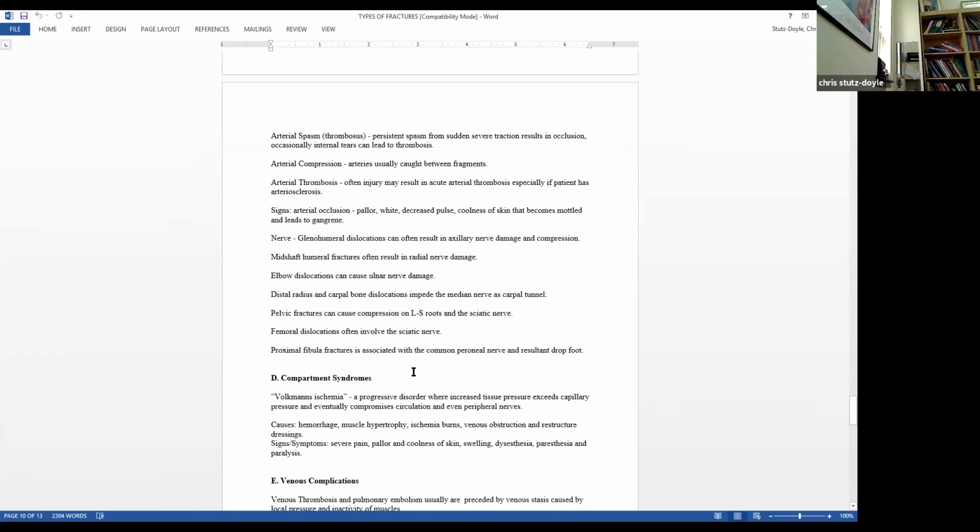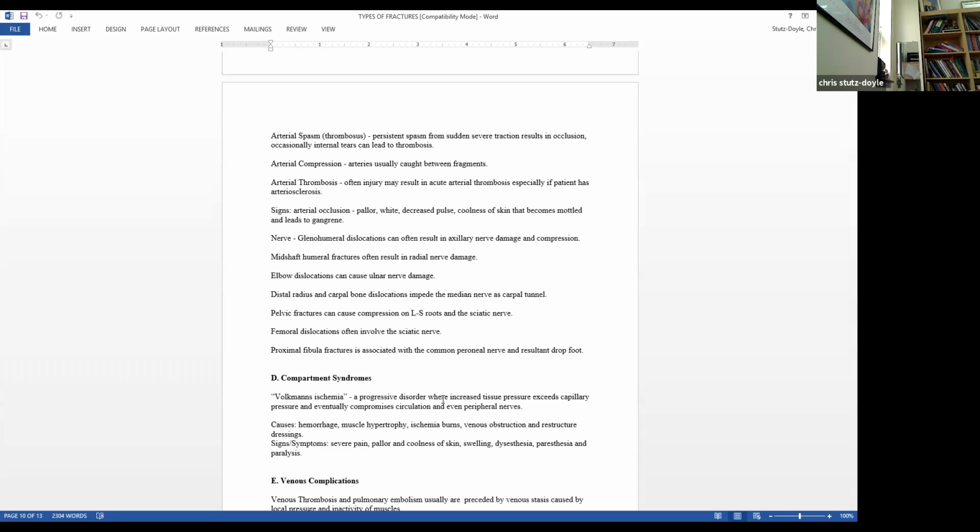Compartment syndromes. A compartment syndrome is associated with an excess amount of pressure that's built up inside an enclosed space. This enclosed space where the pressure is built up will impede blood flow. If you see Volkmann's ischemia, or sometimes there's Volkmann's contracture associated with Volkmann's ischemia, this is generally seen in the forearm, and the tissue pressure will exceed the capillary pressure.